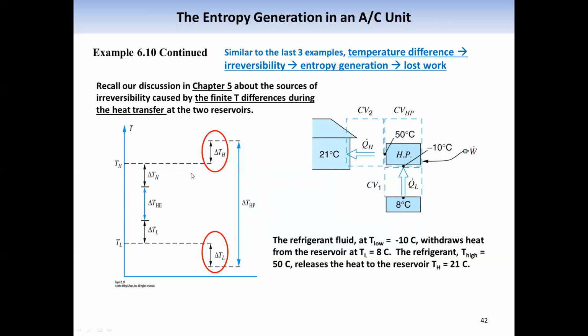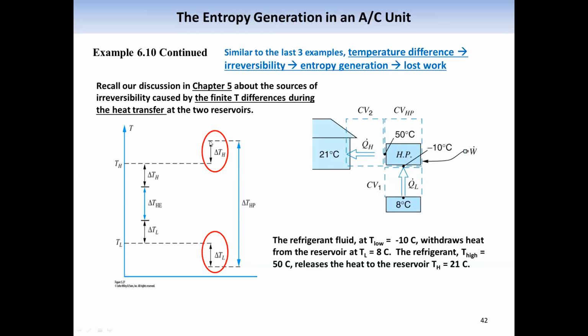If we look at the high temperature reservoir, the reservoir is at T sub H, but the fluid running in the heat pump must be at a higher temperature to achieve the heat transfer. Heat always transfers from high temperature to low temperature.